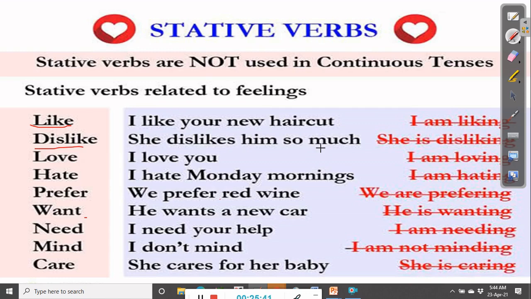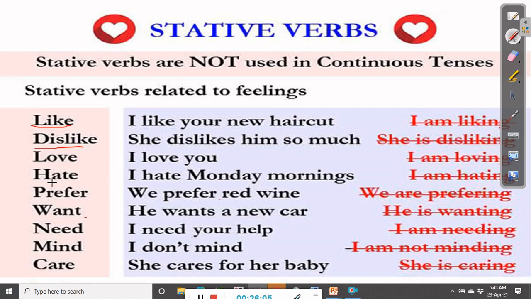She dislikes him so much. It is wrong to say she is disliking him. All right? Then the next one is love. I love you. That is correct. But it is wrong to say I am loving you.